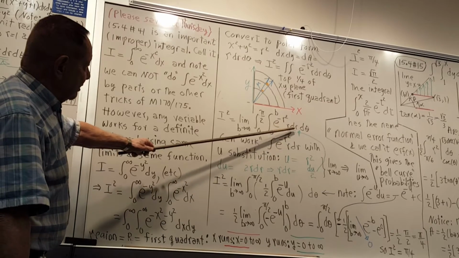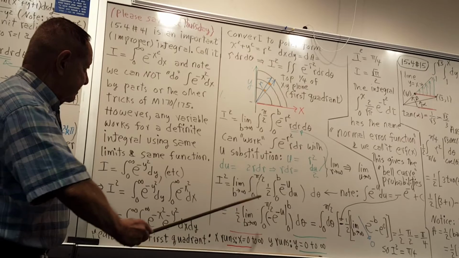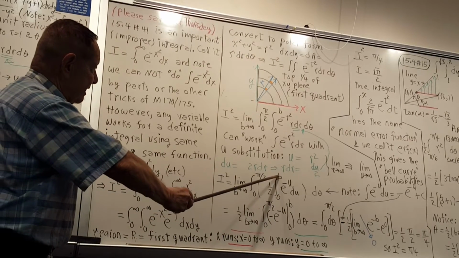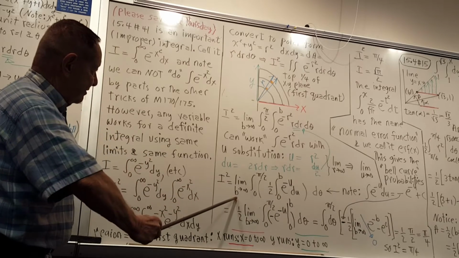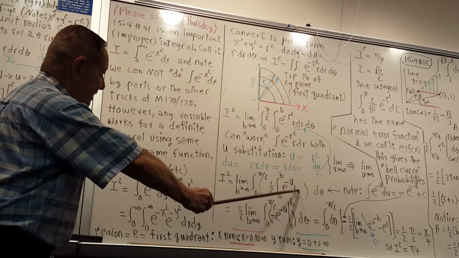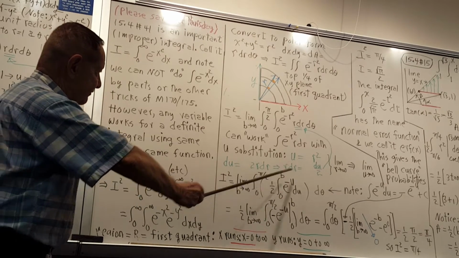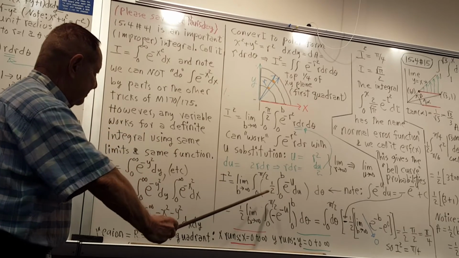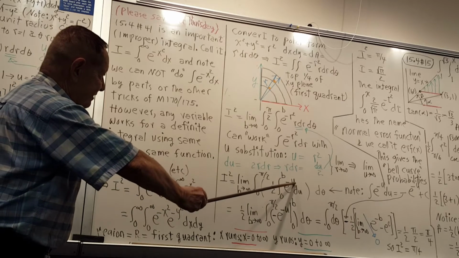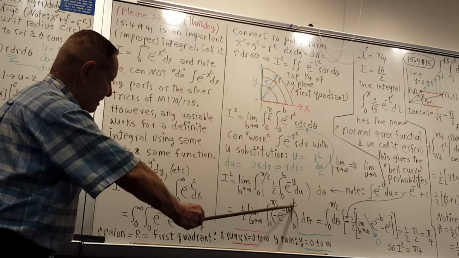So that we can put du over 2 there. Then think of the b as a value of u and take the limit of that. So 0 to b, e to the minus u du, and the half is from the u substitution. So you can take the half out. The integral of e to the minus u is minus e to the minus u, from 0 to b.